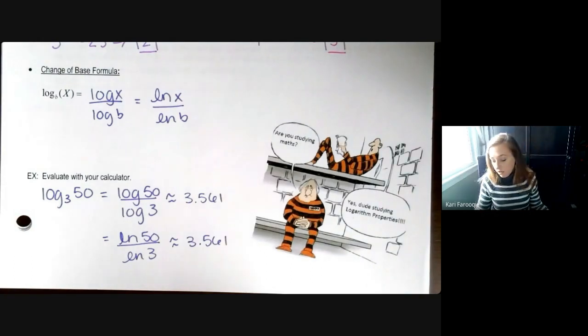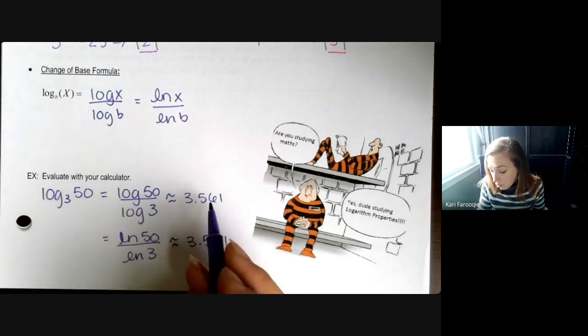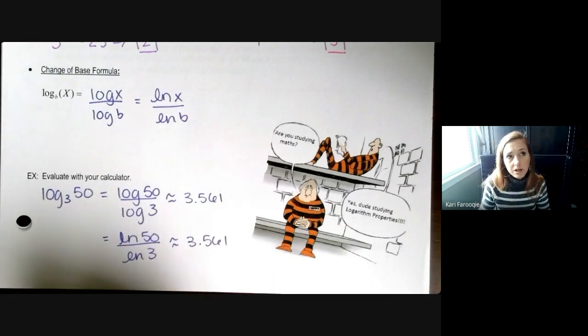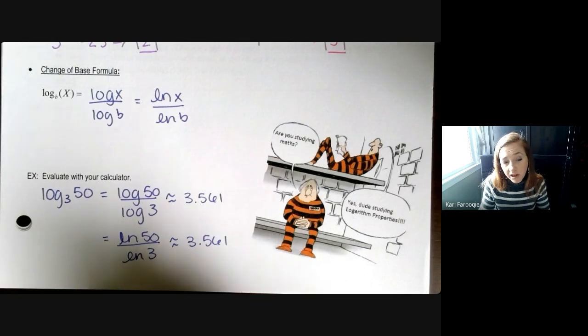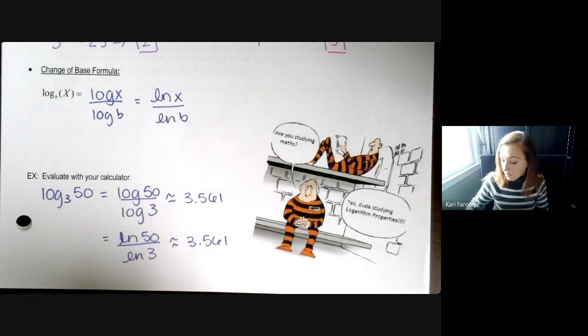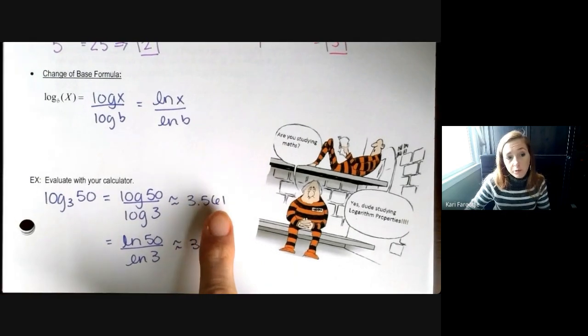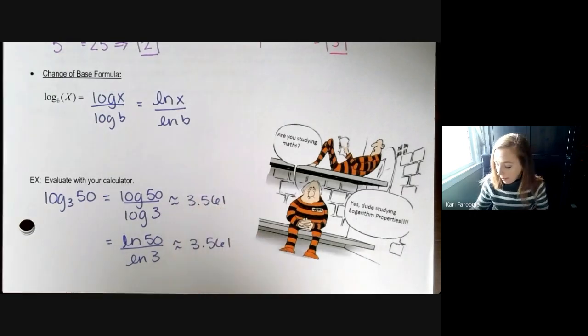So you're asking yourself, 3 to what power gets me to 50? Well, you know that 3 to the 3rd power is 27, and 3 to the 4th power is 81. So it makes sense that the exponent that would get you to 50 would be somewhere in between 3 and 4.